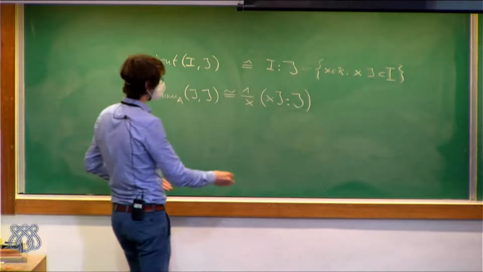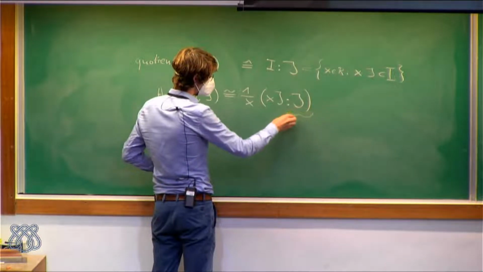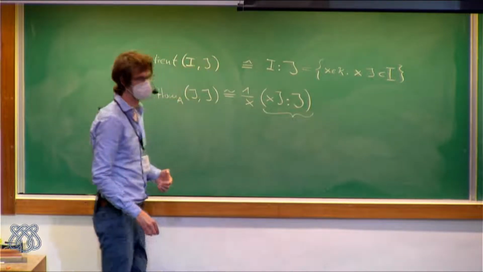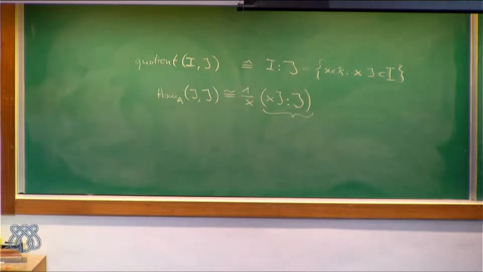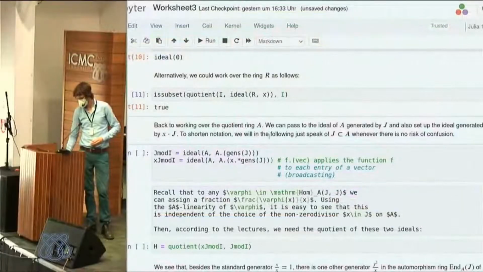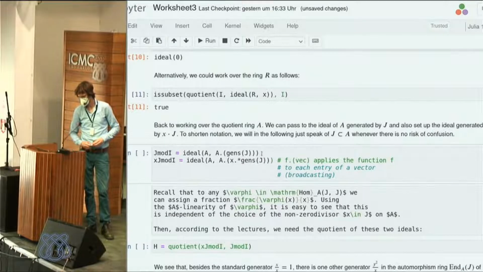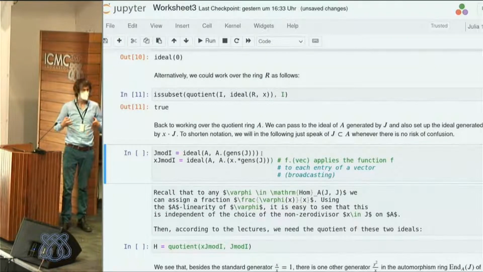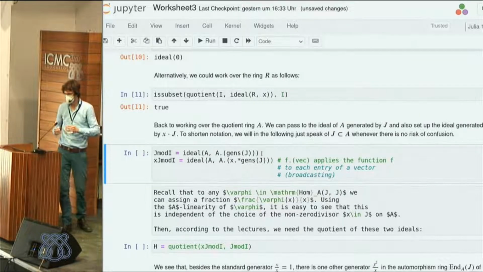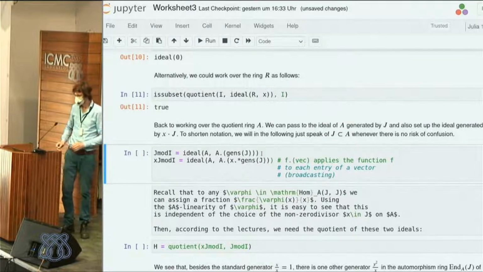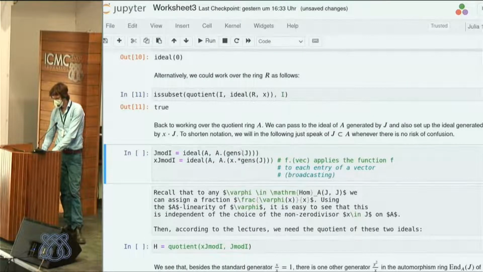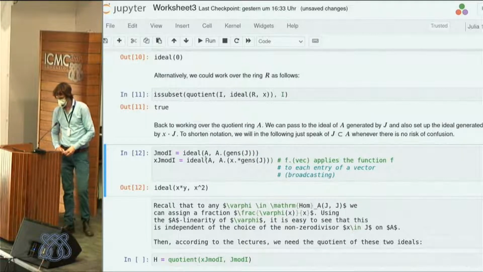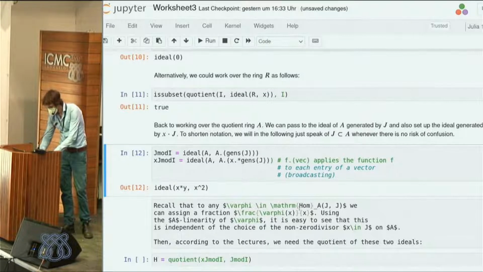So what we can compute is this part by the same command as before. And that's what I do here in the next cell. And I need to do this in the quotient ring, really. It's important to work in the quotient ring. So we first push over our ideals to the quotient rings. First the J ideal and then x times J. So now we have both at hand.